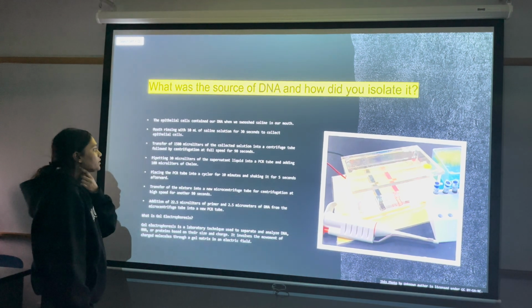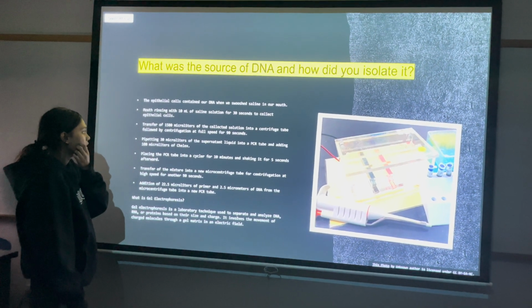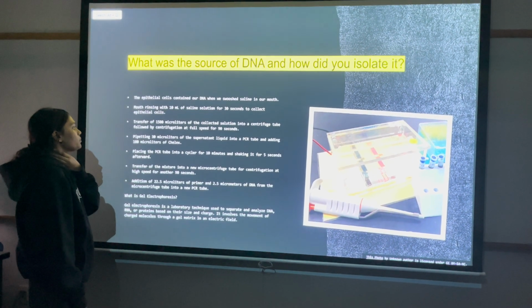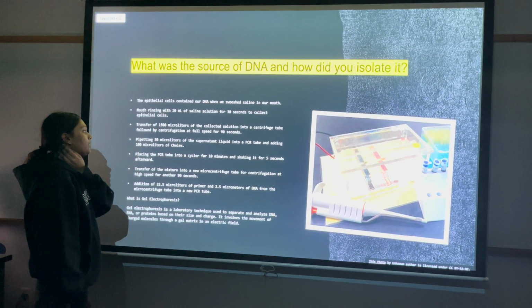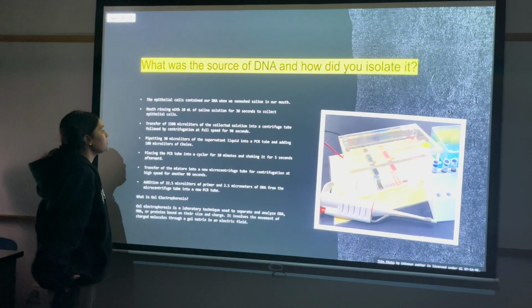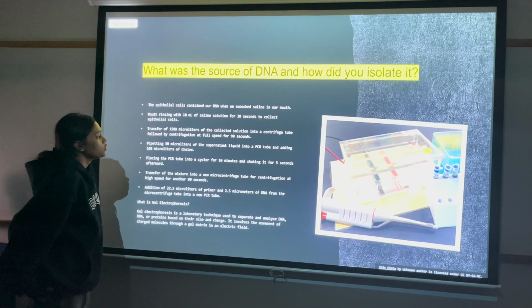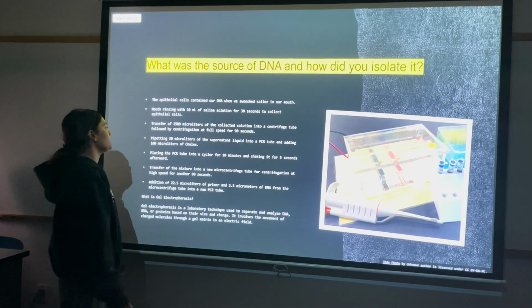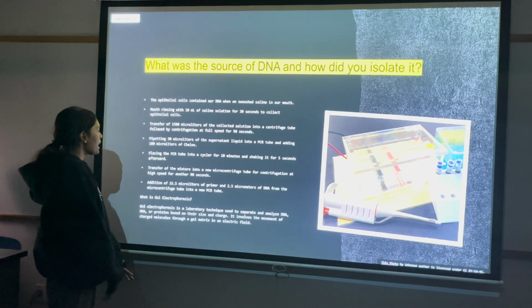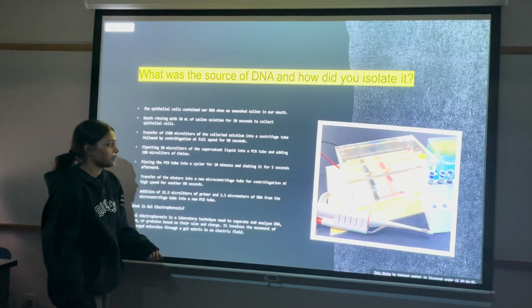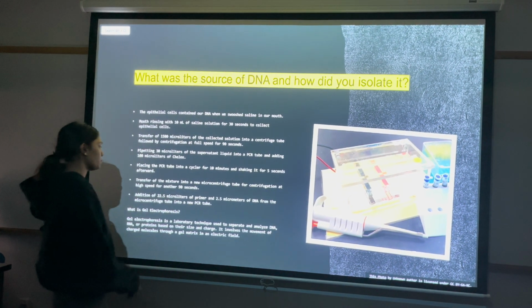And then we transferred 1,500 microliters of the collected solution into a centrifuge tube, followed by centrifugation at full speed for 90 seconds, and pipetting 30 microliters of the supernatant liquid into a PCR tube and adding 100 microliters of Chelex. We placed the PCR tube into a cycler for 10 minutes and shook it for 5 seconds afterward.